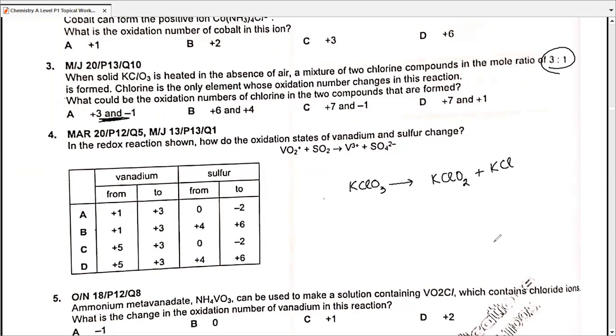Because this requires this, you will always fall short of some of the oxygen atoms. So maybe this goes for that.